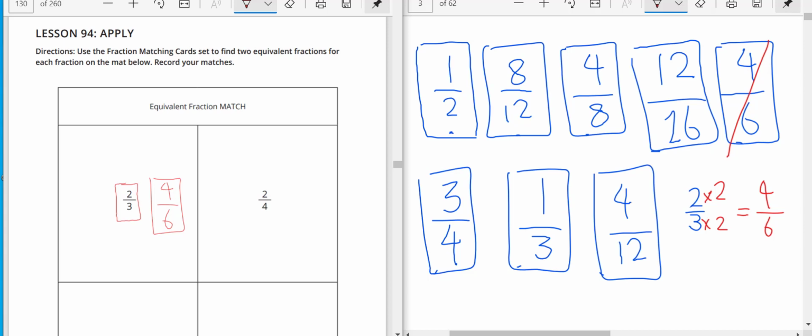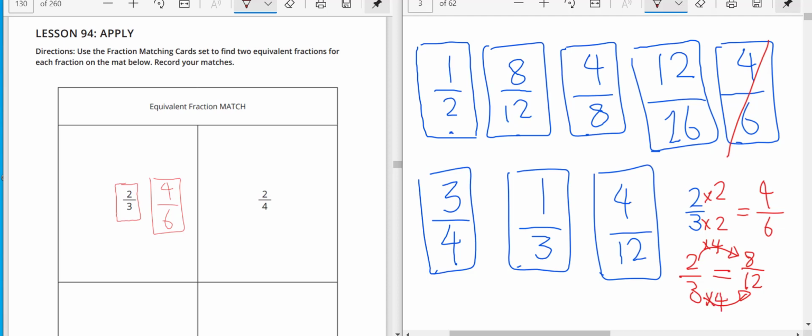Let's check. If we want to check whether 2 over 3 equals 8 over 12, right or wrong? 2 becomes 8, we multiply by 4. 3 becomes 12. What times 3 equals 12? 4, yes.